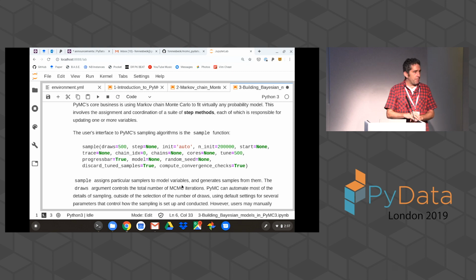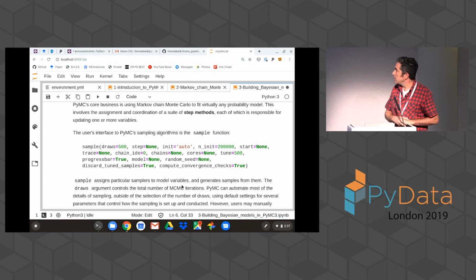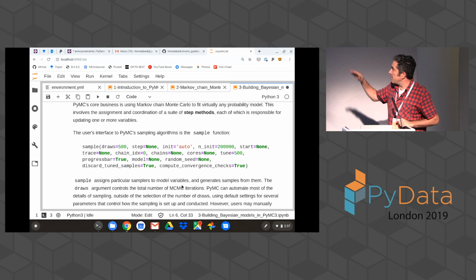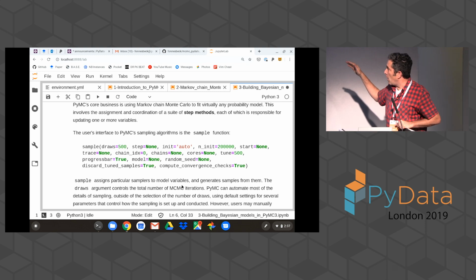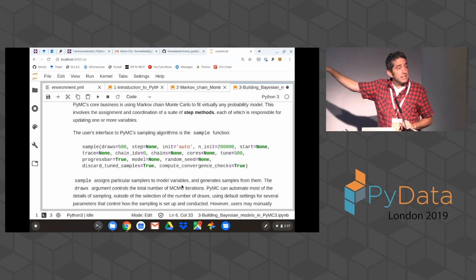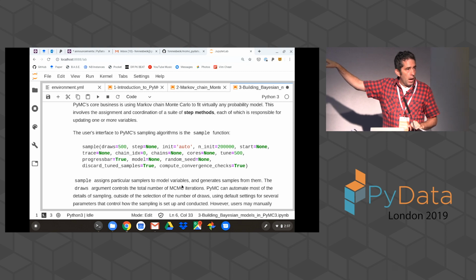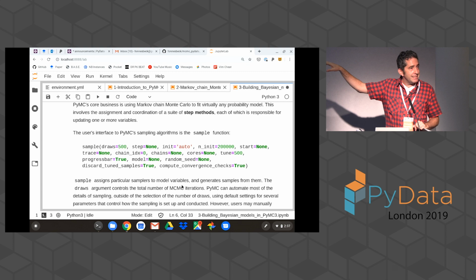Step implies a step method or an MCMC algorithm. It will do its best to try to pick an appropriate MCMC algorithm, but you're absolutely entitled to go in and override it with your favorite. Information about initialization. We can specify the number of chains we want. Running an MCMC chain is easy to parallelize.